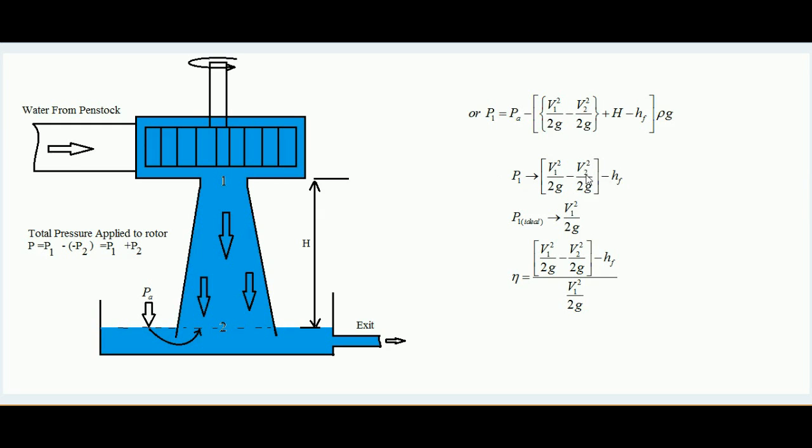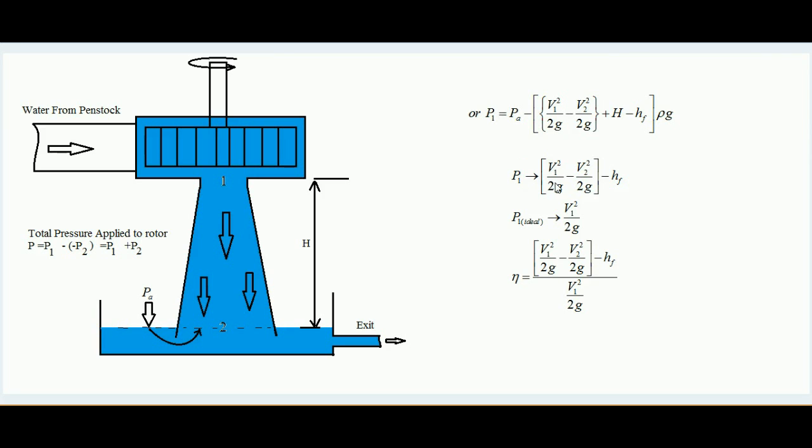So the lesser the V2 is and the lesser the HF is, we will get the minimum pressure at point 1. Because if V2 is least, then V1 square by 2g minus V2 square by 2g will be more, and in case HF is also least, the quantity inside this bracket will be even greater. So a greater amount will be subtracted from Pa, and we will get the least P1.